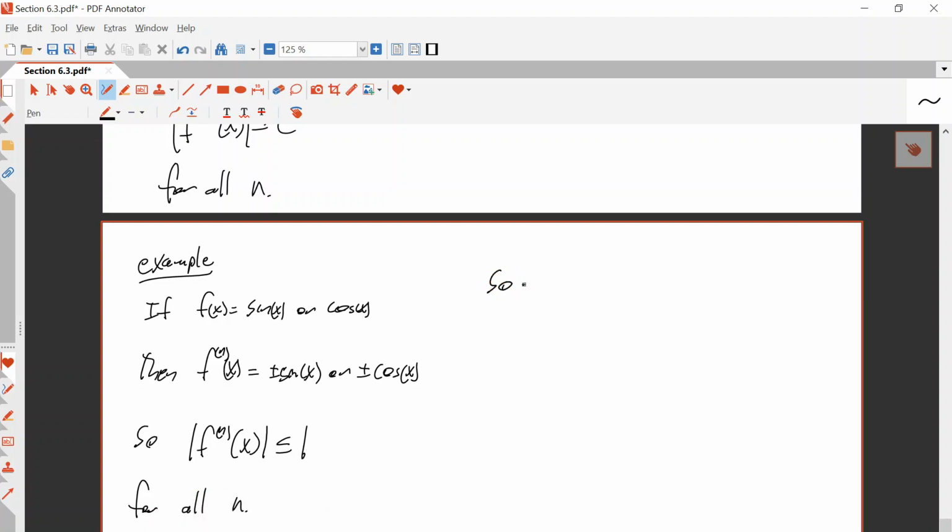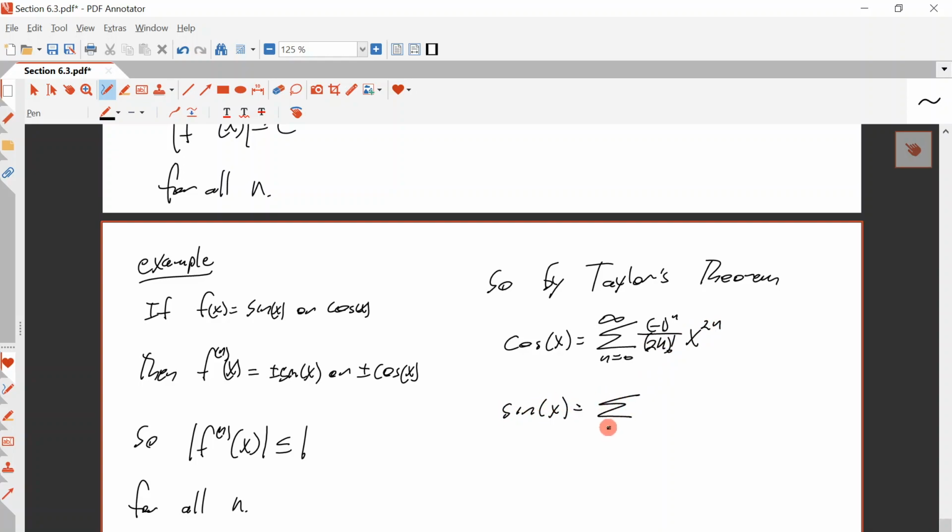So by Taylor's theorem, cosine x is equal to its Taylor series, the sum of minus 1 to the n over 2n factorial x to the 2n, and sine x is equal to the sum n equals 0 to infinity minus 1 to the n over 2n plus 1 factorial x to the 2n plus 1, for all x.